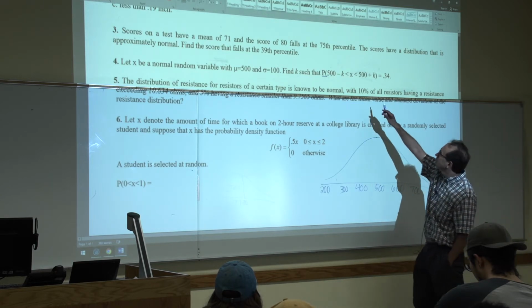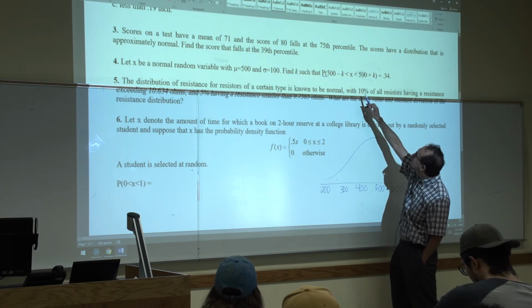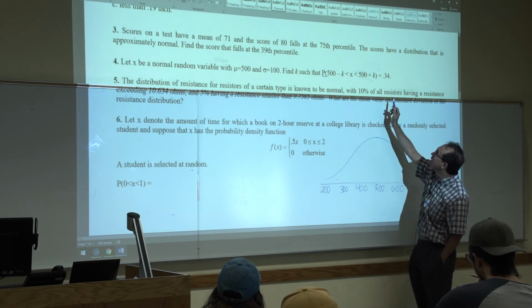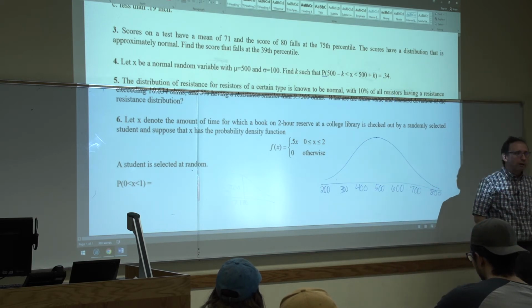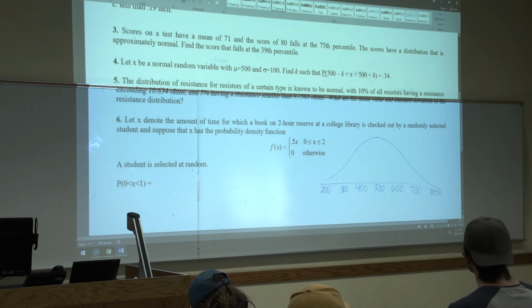Now we've got this information that the probability that x is between 500 minus k and 500 plus k is equal to 0.34. So that means the area under your curve between 500 minus k and 500 plus k is going to be equal to 0.34.